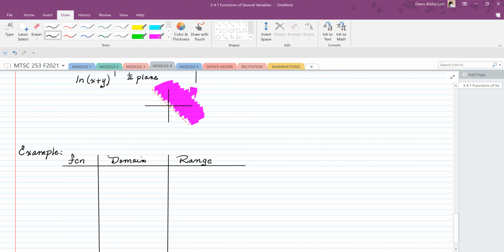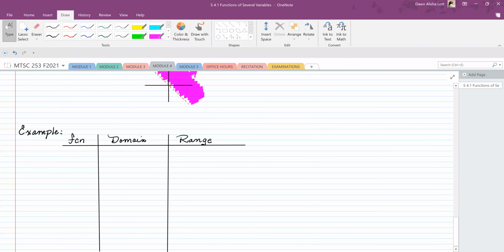Okay. So let's say W is the square root of x squared plus y squared plus z squared. So this is entire 3 space. Anything can go in there.